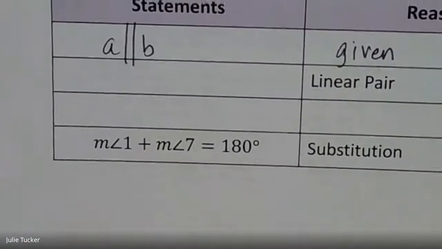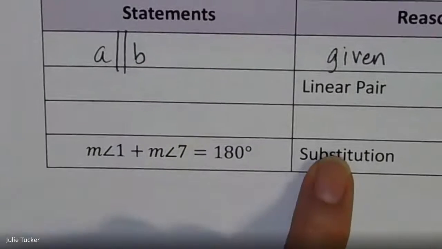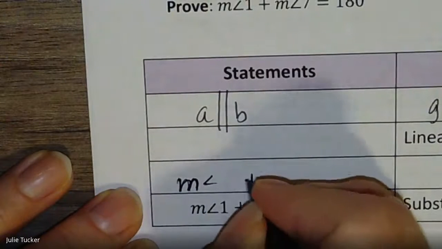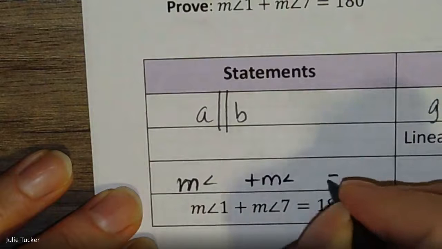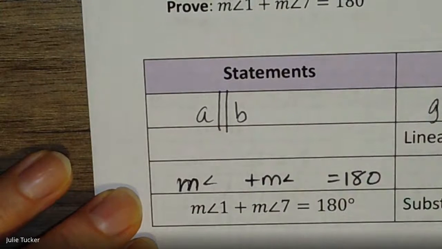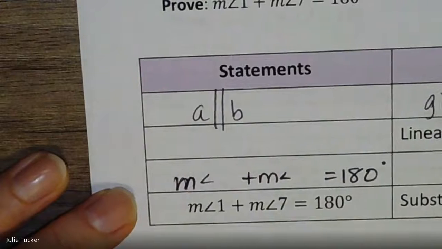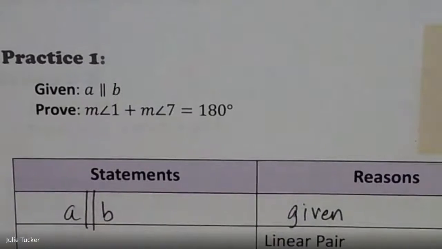I want you to use substitution, so you know it's going to be measure of angle something plus measure of angle something equals 180 if you're using substitution. And they also are telling you they want you to use a linear pair.